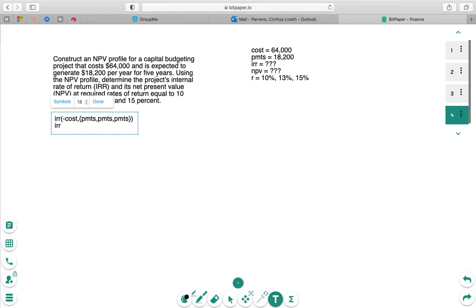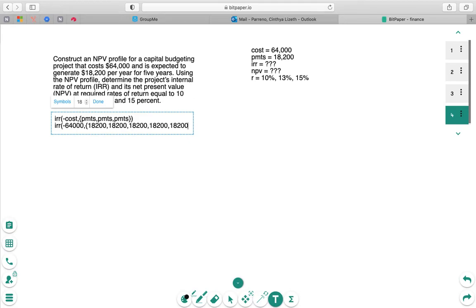So IRR, parentheses, negative 64,000. I'm just going to write it as it's going to come out in the calculator. Then you put a comma, which is very important, and then 18,200, comma, 18,200, comma. You're going to put 18,200 5 times, which is why it's a little time consuming.